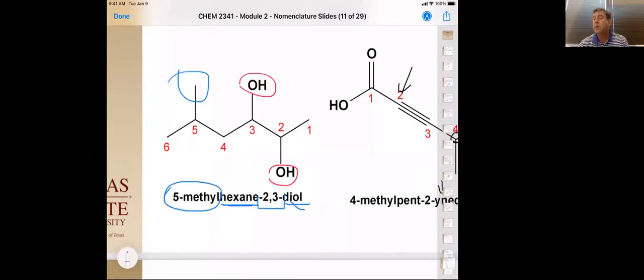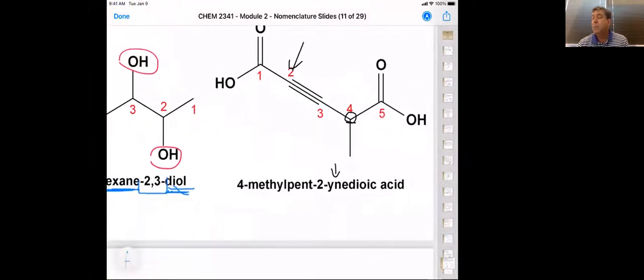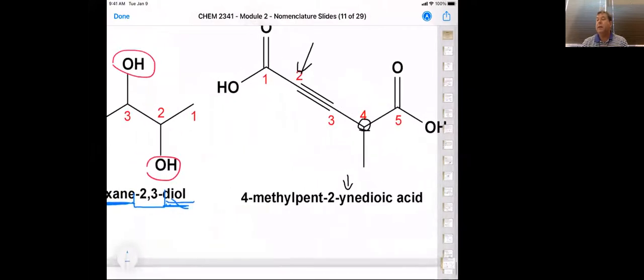So notice when we go to this di system, we have the full name in the prefix, okay? But if we have a double bond or triple bond, it's also there too. Notice we have the full name of that pentyne in the prefix, and then we have the di, whatever the functional group was.